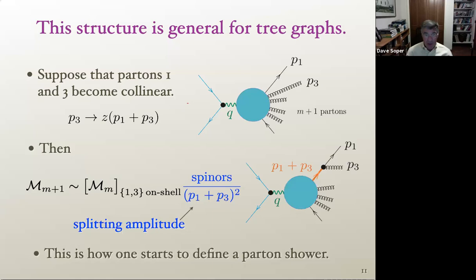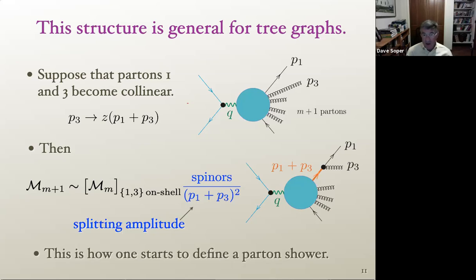So P3 is approximately Z, some number Z, times P1 plus P3. I could, by the way, have considered P3 getting to be soft, in which case Z is 0. So what happens there? Out of all the diagrams there are for the amplitude, some of them are singular.